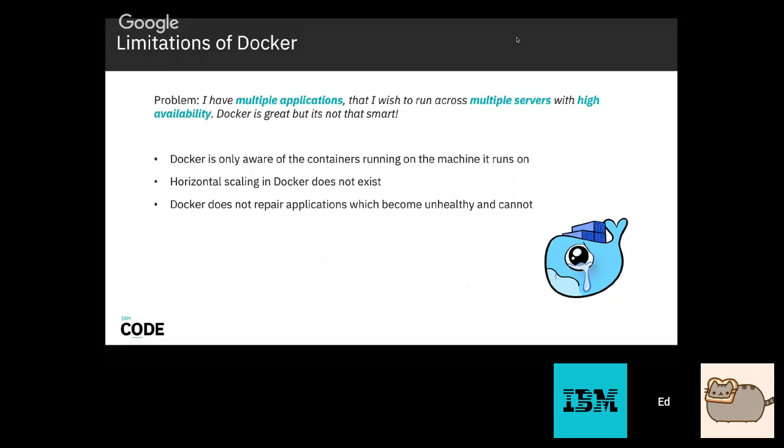Docker also doesn't repair applications which become unhealthy. So with a Docker container, if I deploy my application in there and it's running on an engine in a single machine, and then it crashes, Docker can report back the status saying this application has crashed, right?